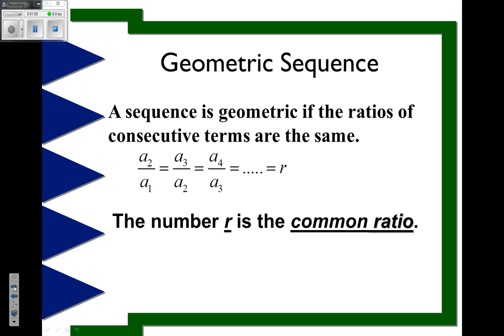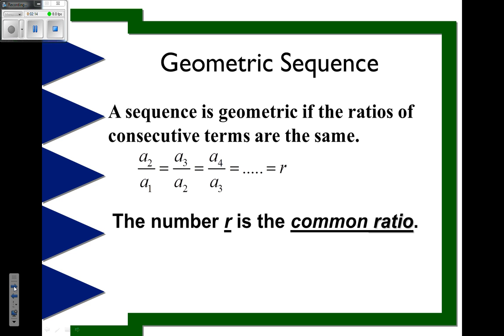A sequence is geometric if the ratios of consecutive terms are the same. The number r is the common ratio. To find the common ratio, let me back up. When we were doing exponential functions, how did I find the base of that function?